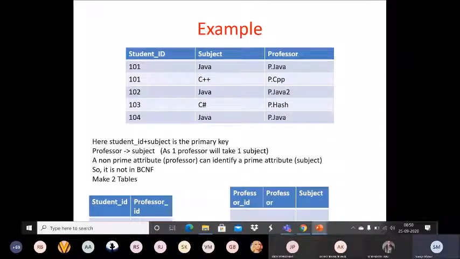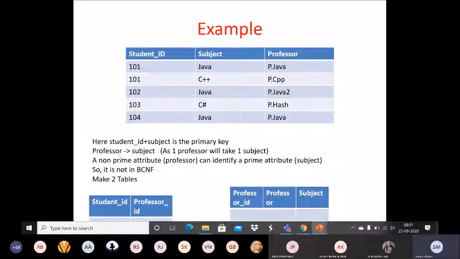So what do you have to take? You have to take student ID and subject as your primary key. So here student ID plus subject is your primary key.